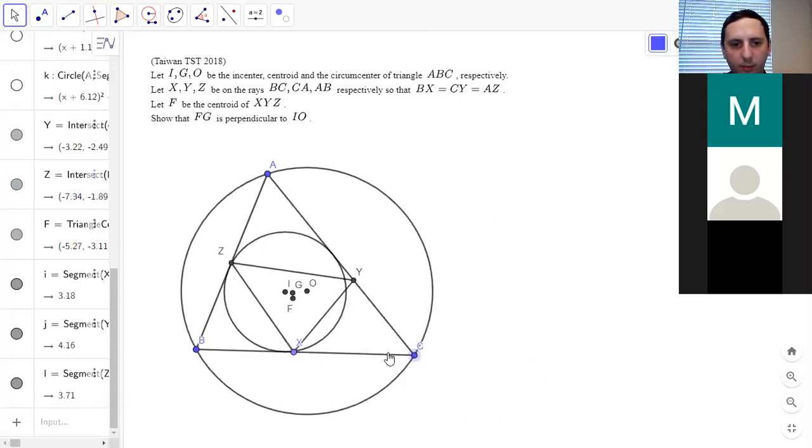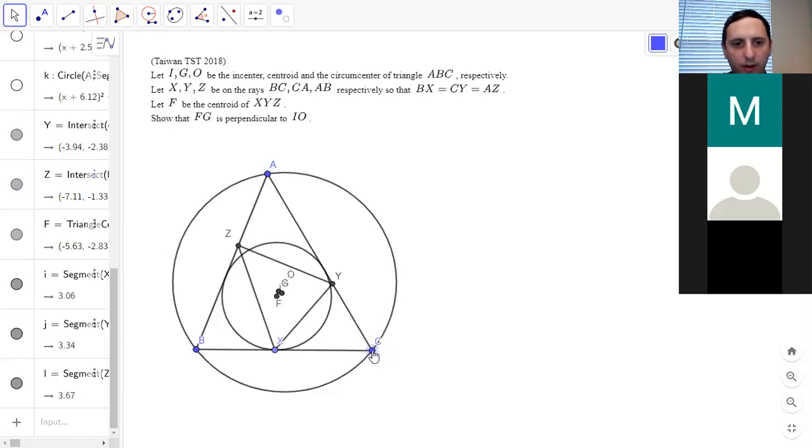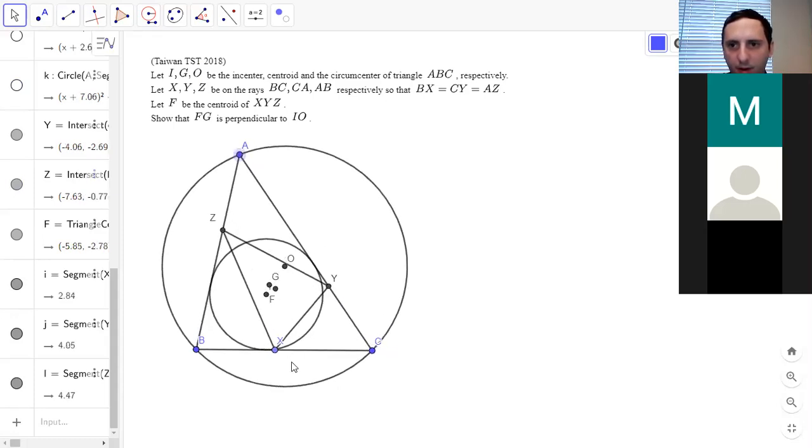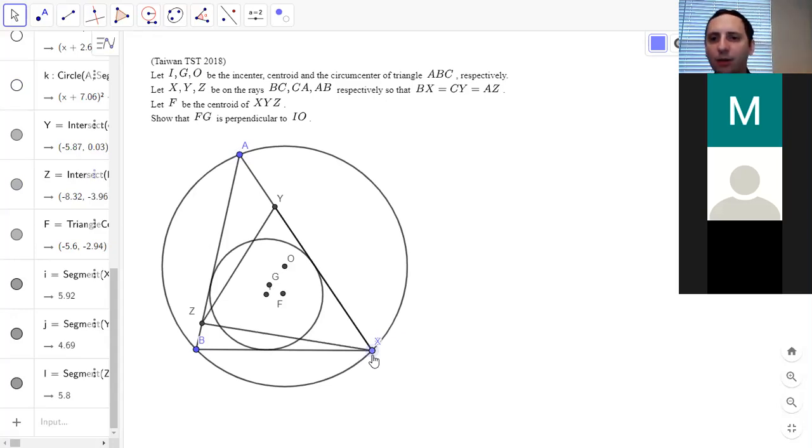So let's say we have a really tall triangle like this, right? And let's say that we set point X to be point C. Then it's saying, yeah, so I think that's a degenerate case. Oh, wait a second. This is more general.